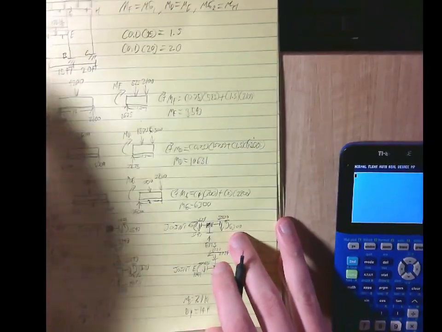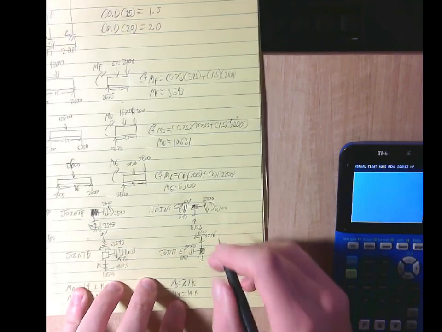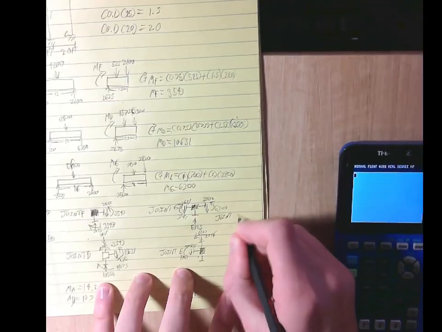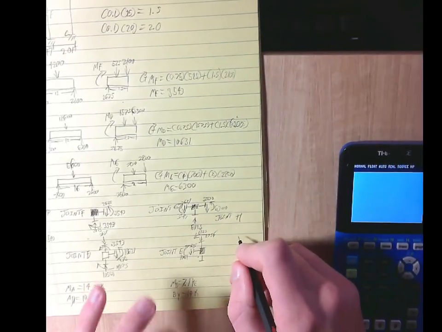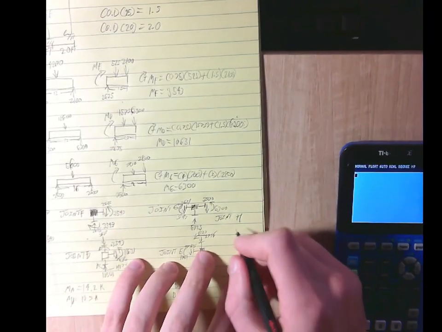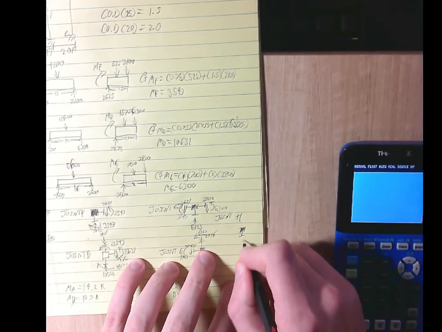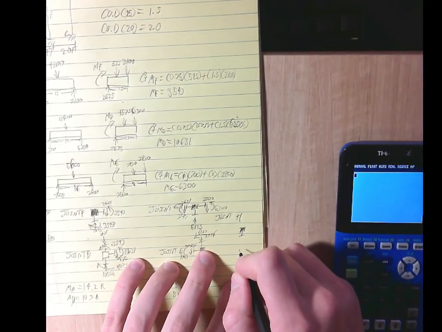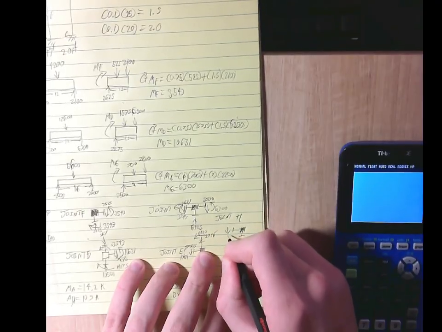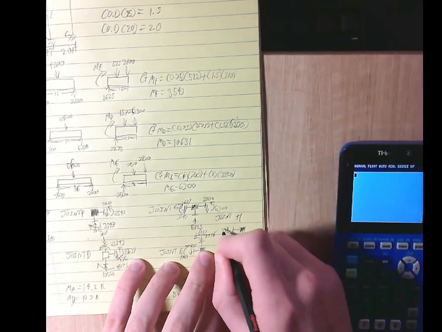Lastly, we have joint H. Right here, joint H just looks like this. Going down 3,500.